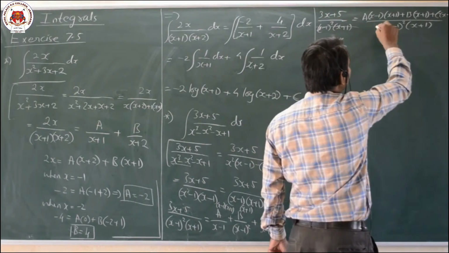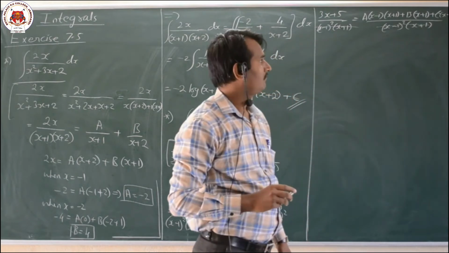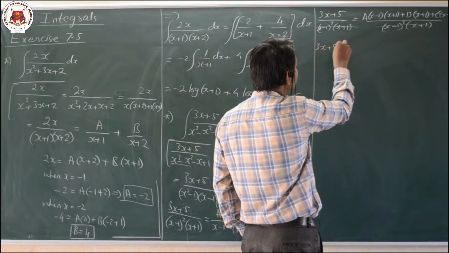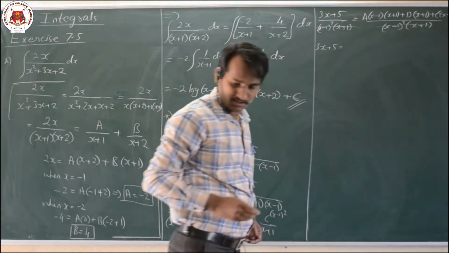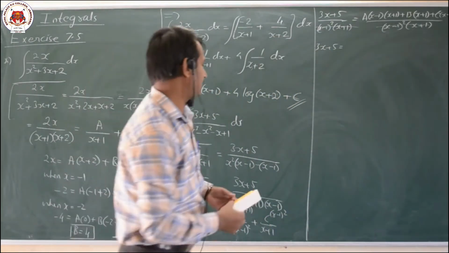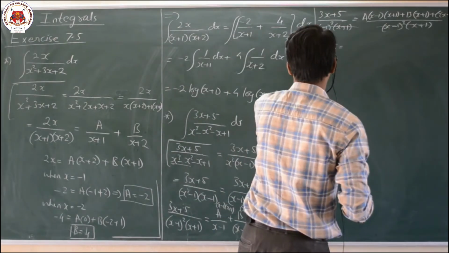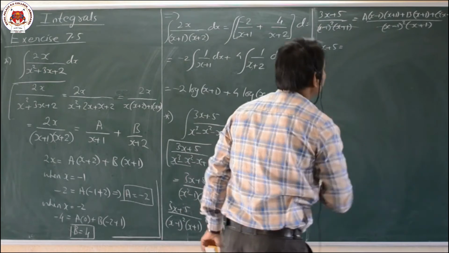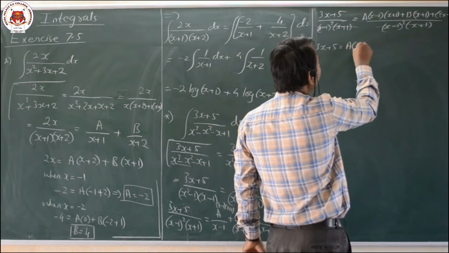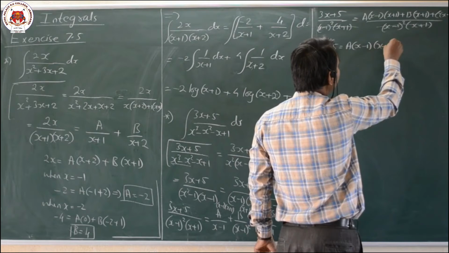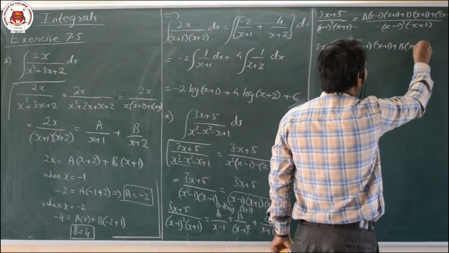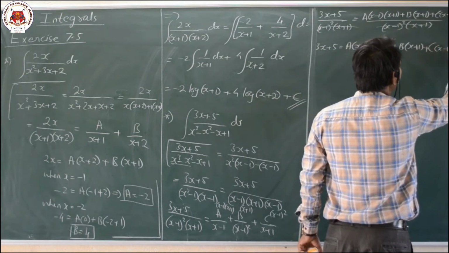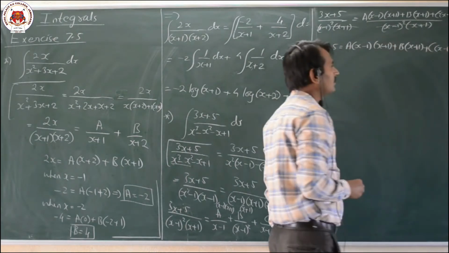Now here we can observe that the denominator gets eliminated. Now I will rewrite the term: 3x + 5 equals a(x − 1)(x + 1) + b(x + 1) + c(x − 1)².